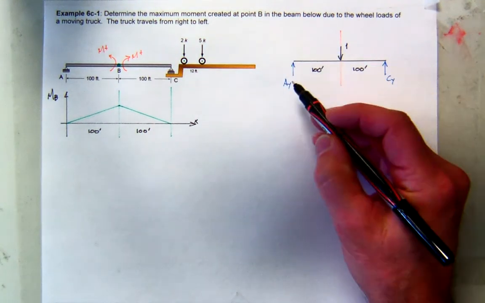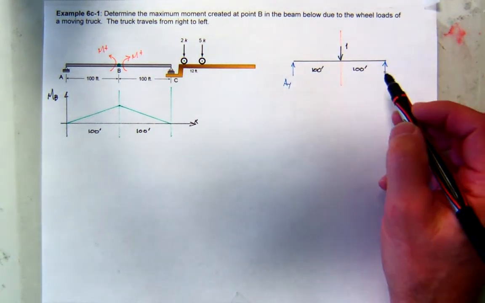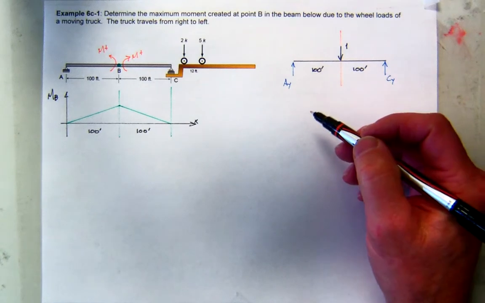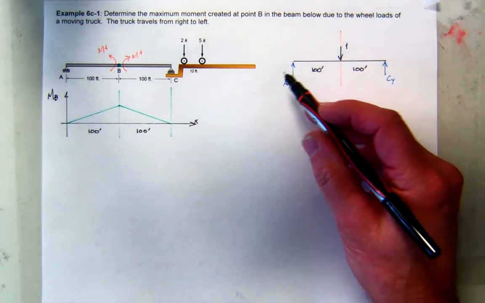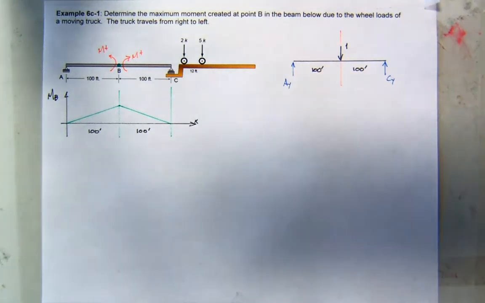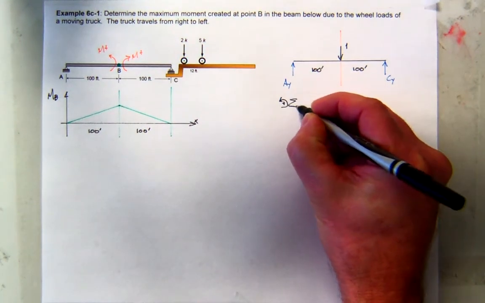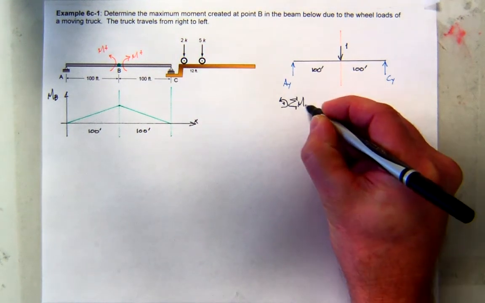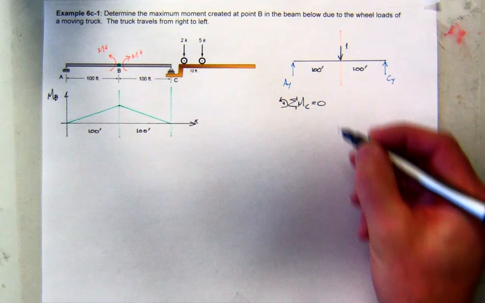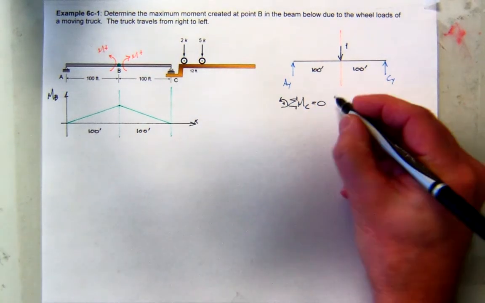Do you want to work the left side or the right side of the structure to find that? Want to work the left side? Okay, so that means I need AY. Let's find AY first. I will sum moments about C, making sure it's in equilibrium using right-hand rule.